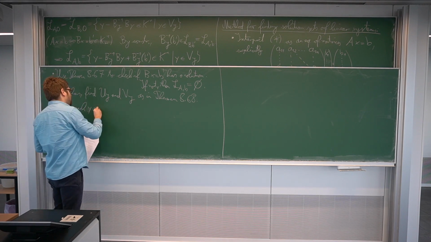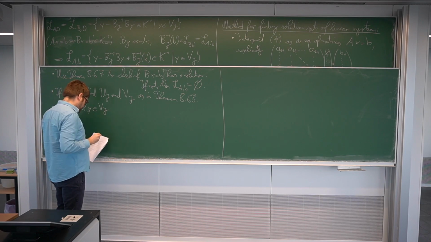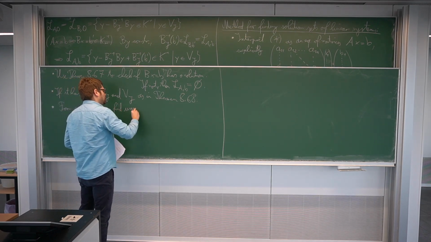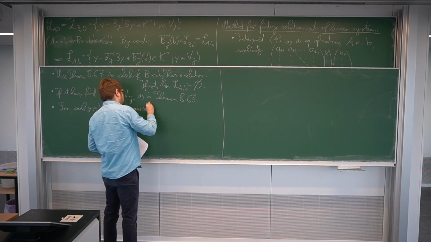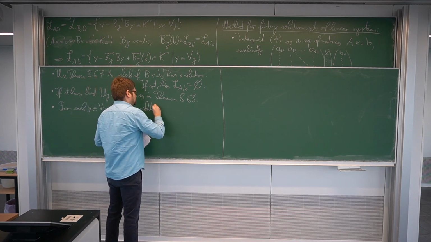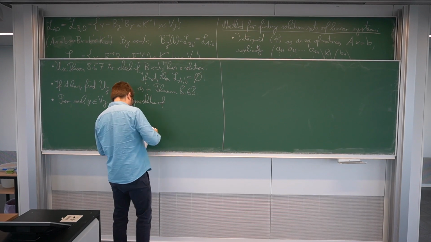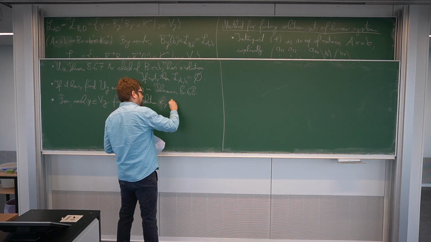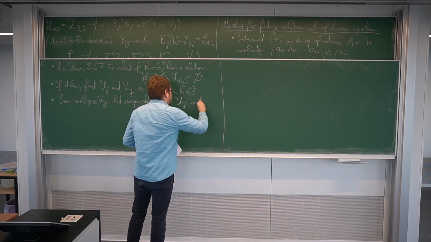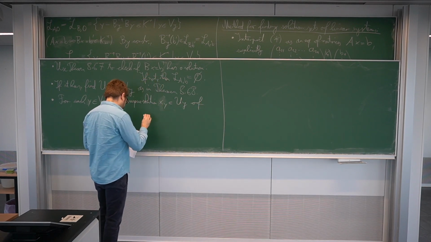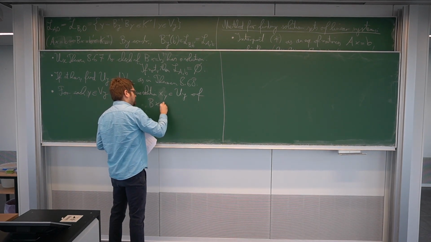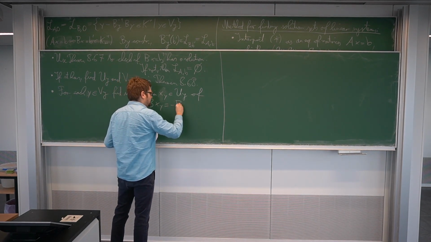So for each y in this space Vj, find the unique solution xy in Uj of the following equation. We are modifying this a bit to get the inhomogeneous part of b: b xy is equal to minus by.